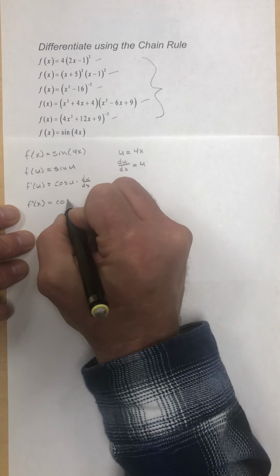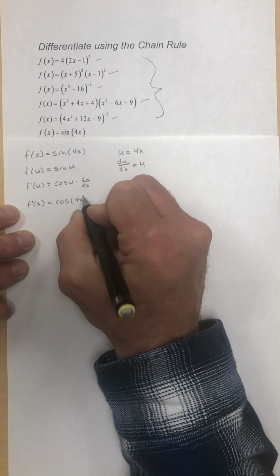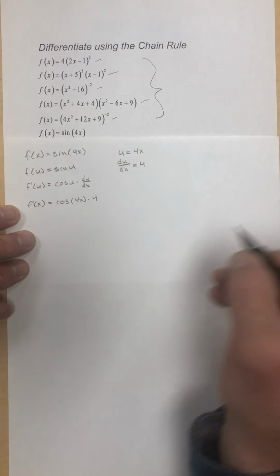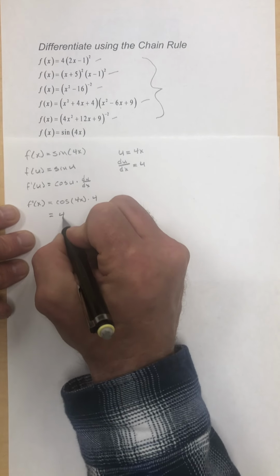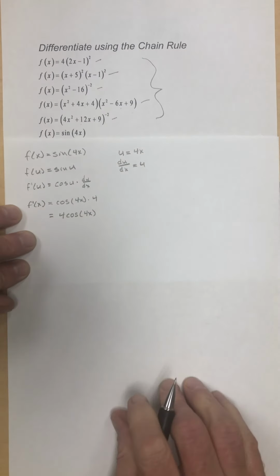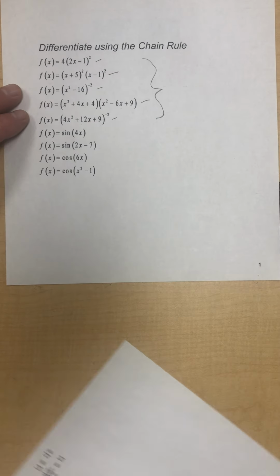So I get the cosine of u, which is 4x, times the derivative of u, which is 4. We just rewrite it as 4 cosine of 4x, and you have your derivative. So we're good there.